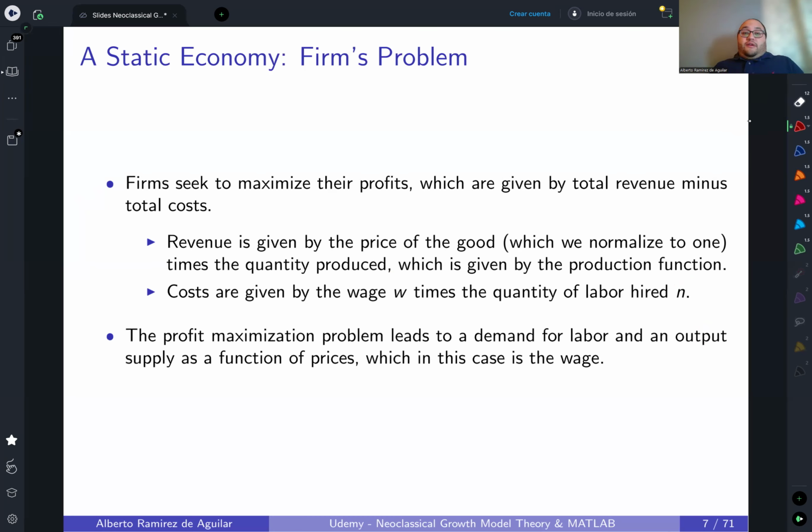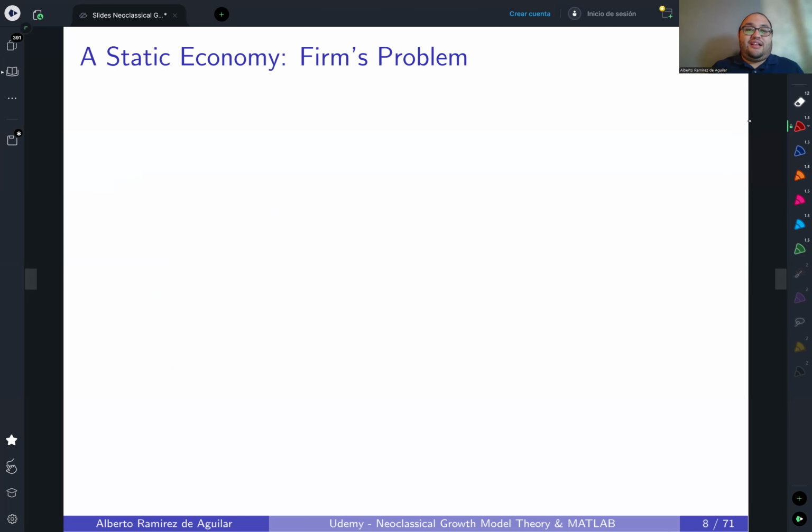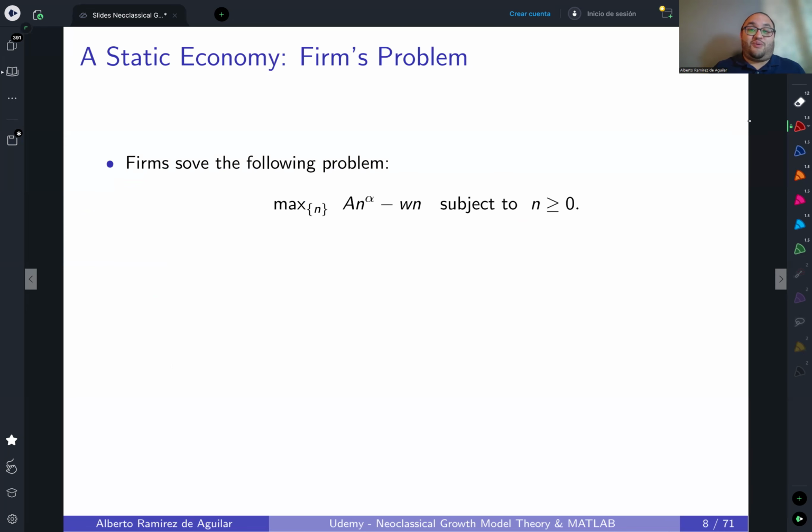Now, this profit maximization problem, which I'm going to describe in a second, is going to lead to a demand for labor, and it's called demand because firms are the ones who need labor in order to produce, as well as an output supply function. And both of these have to be a function of prices. And in this case, there's only one price, which is the wage.